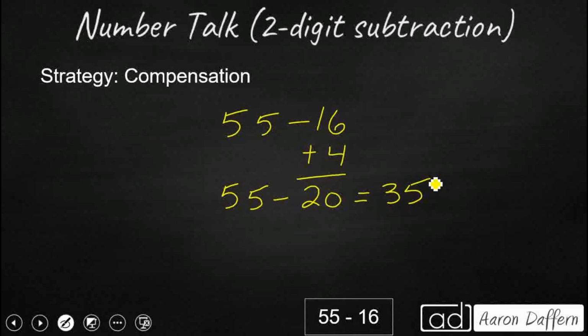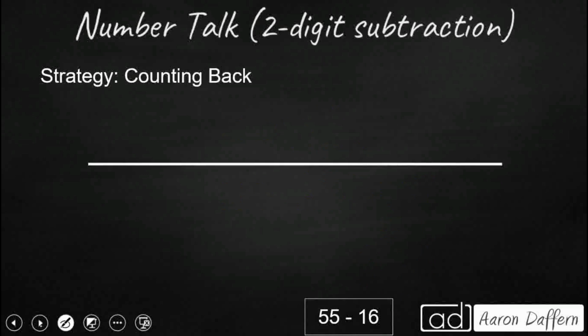But remember, I added 4 to make my 16 go up to 20, which means I took 4 more away than I really should have, so I have to give that back. So I added 4. Now I got to add that 4 back in, and that gets me 39 once again.